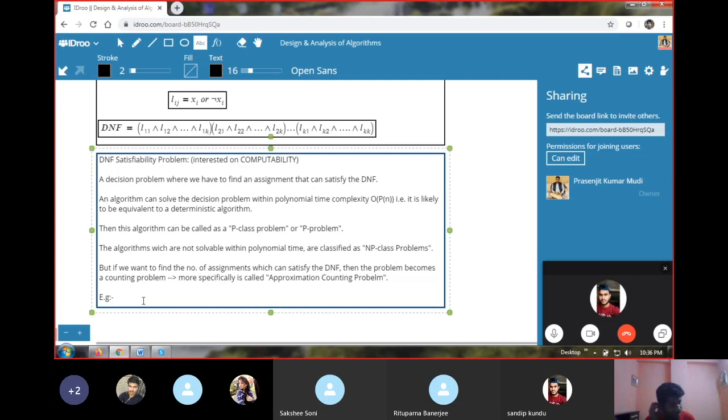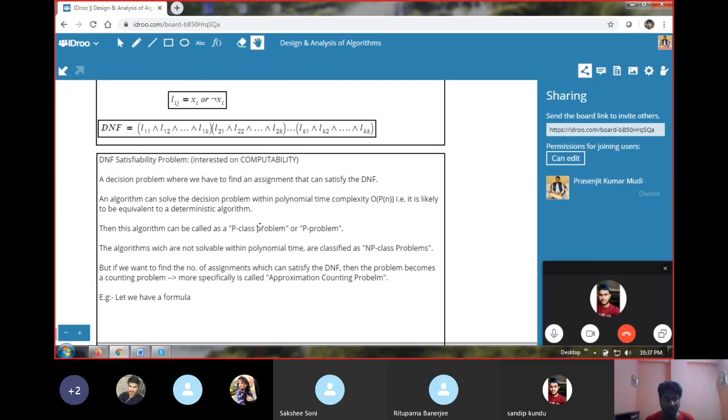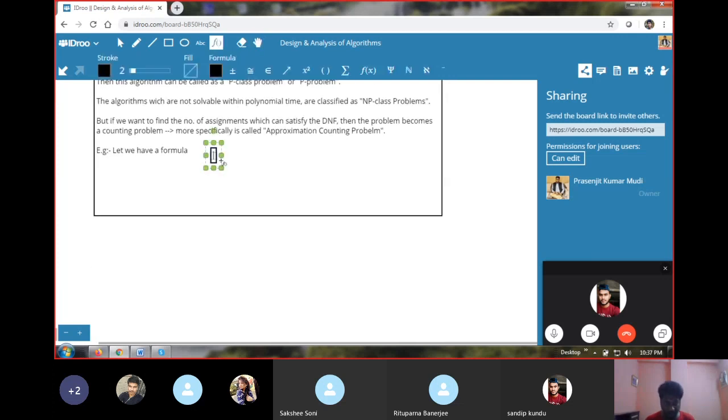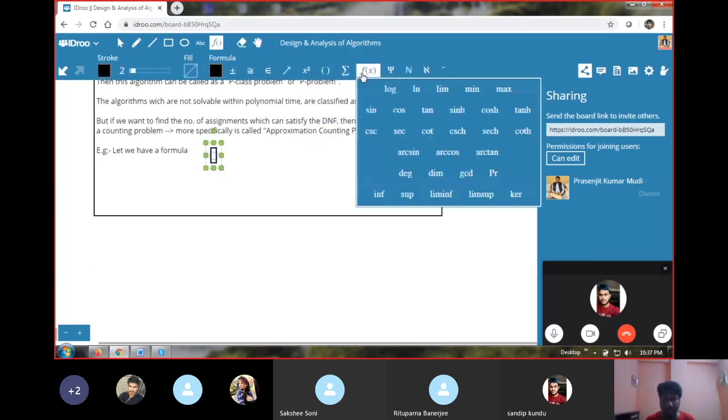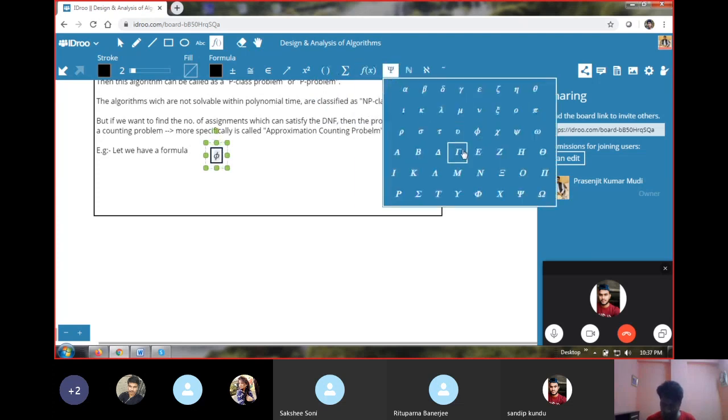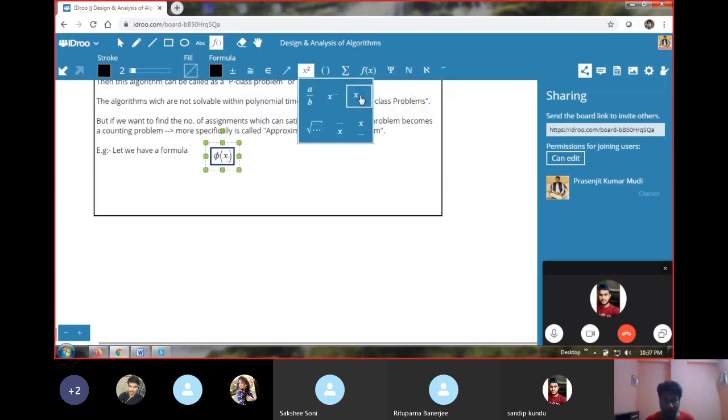Fine. So for example, let's say we have a formula phi, which is a function of x1, x2, x3, the three variables.